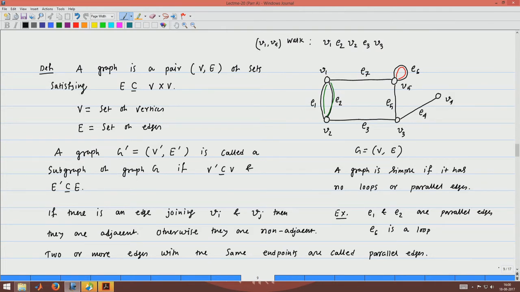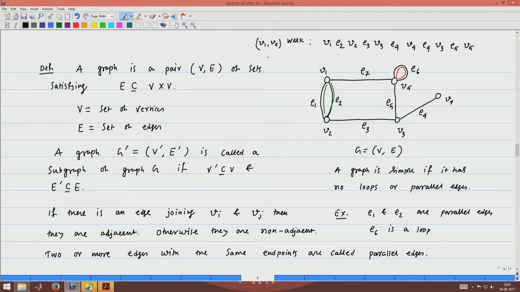So, V 3, then E 4, you go to V 4 and then again use E 4 to come back to V 3, and then you go to V 5 using E 5, V 5. So, this is a walk, but you can see the same edge appearing twice. So, this is not a trail.